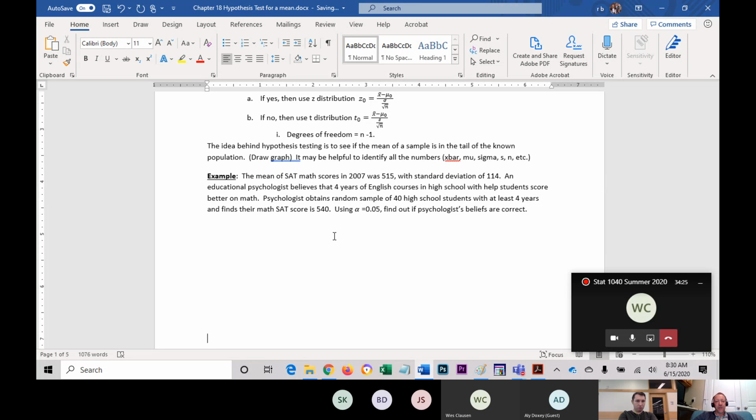Psychologist obtains a simple random sample of 40 high school students with at least 4 years of English and finds their math scores of 540. Use alpha equals 0.05. Find out if the psychologist's beliefs are correct, okay? Excuse me. So what is the first step that we're supposed to do when we're doing this?